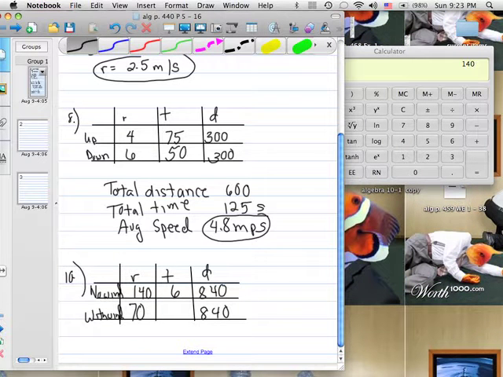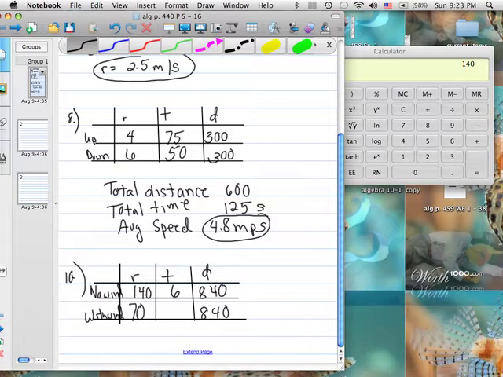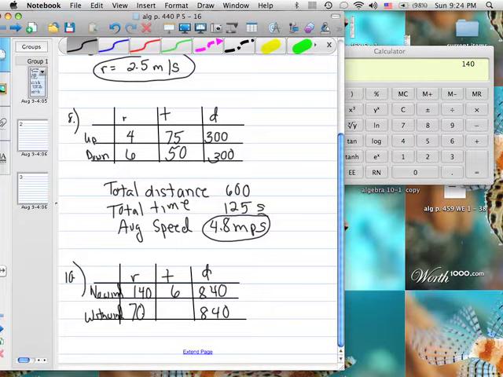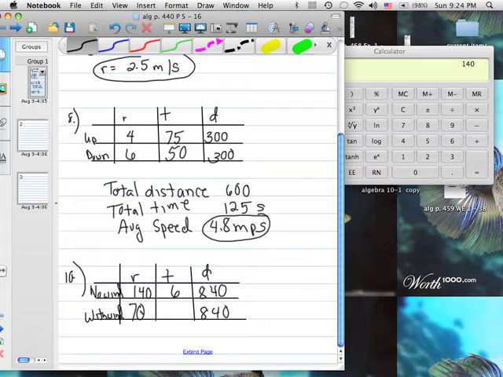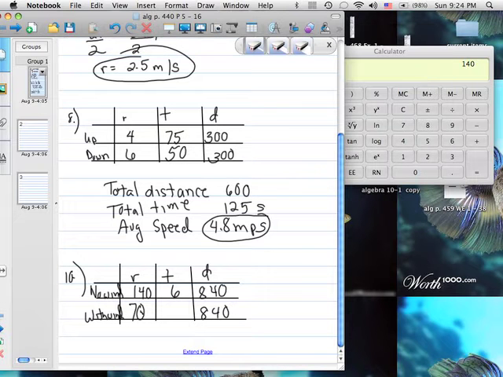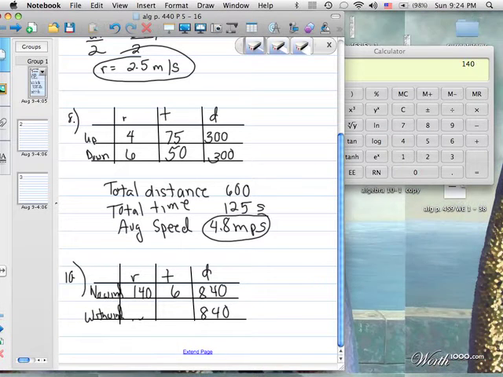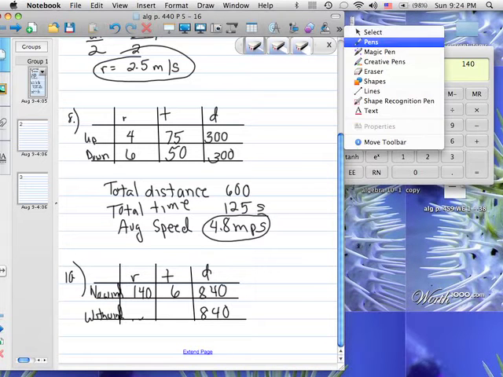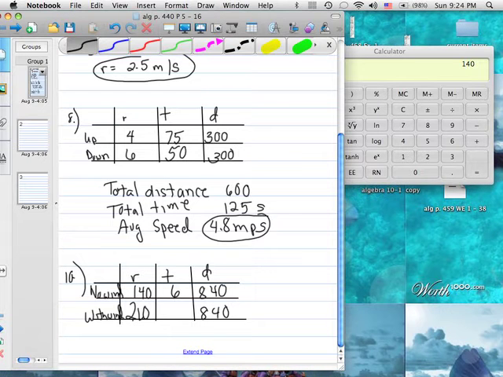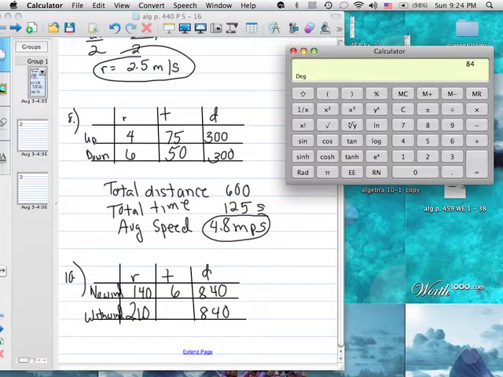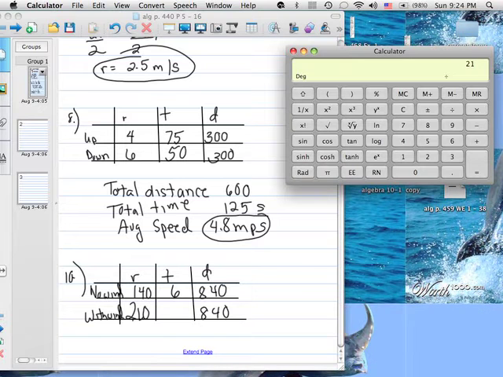And for the time coming back with the wind, it had a 70-mile wind with it, so it was going 140 plus the 70, which would make 210, because it was going with the wind. So the 840 divided by 210 would have taken 4 hours.